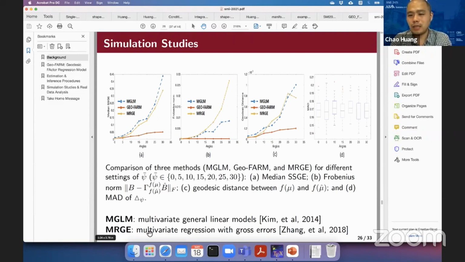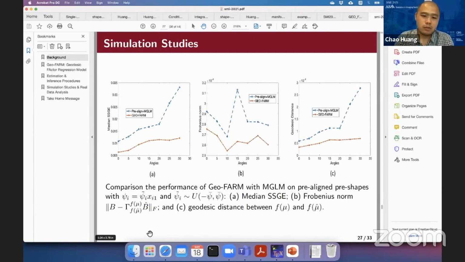If we take the last picture here, we want to compare the estimation accuracy of these individual rotations. You will see that our method has a very good estimation accuracy for the individual rotation matrix. Also, sometimes these pre-alignments may be related to predictors like the clinical variables.